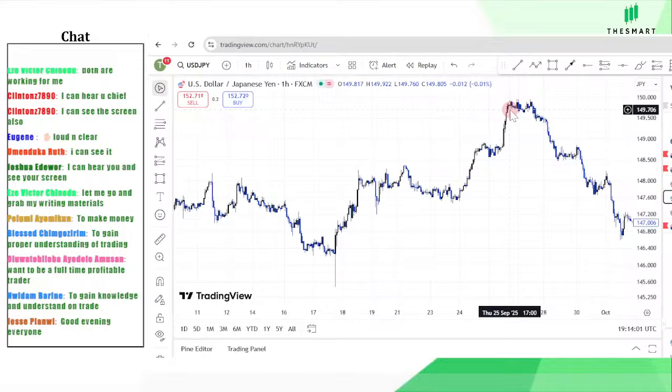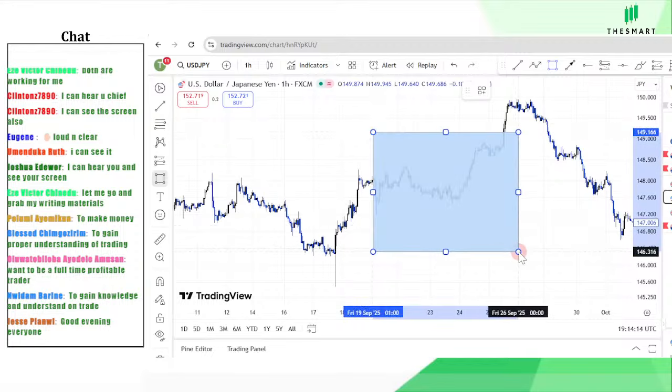Market structures are subdivided into three. The first one is the bullish market, which is also known as the uptrend. Let me write that out.